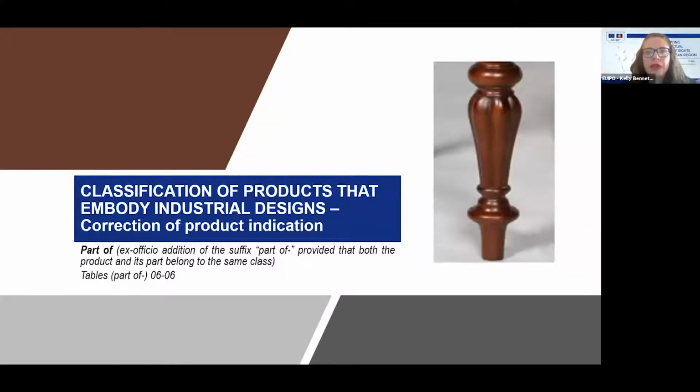So, for example, in the case of the design of a knife, if the product indication specified that the design is knife handles, in that case, what we would do is raise an objection and ask the applicant to either disclaim the contours of the part of the design that does not correspond to the product indication, in which case a new filing date would be accorded, or we ask them to replace the product indication with the product term for the whole product. So in this case, it would be for the knife itself and not the knife handles. And in that case, the original filing date is maintained.